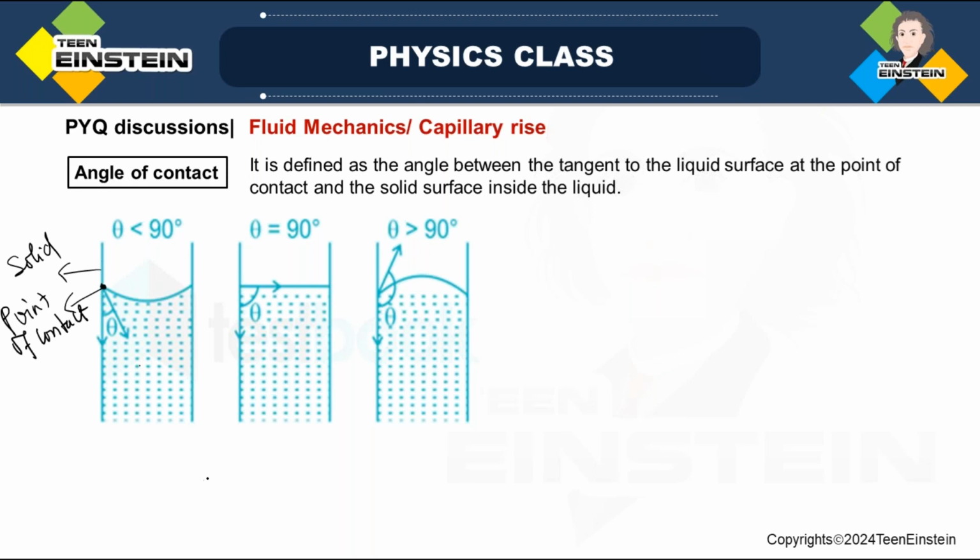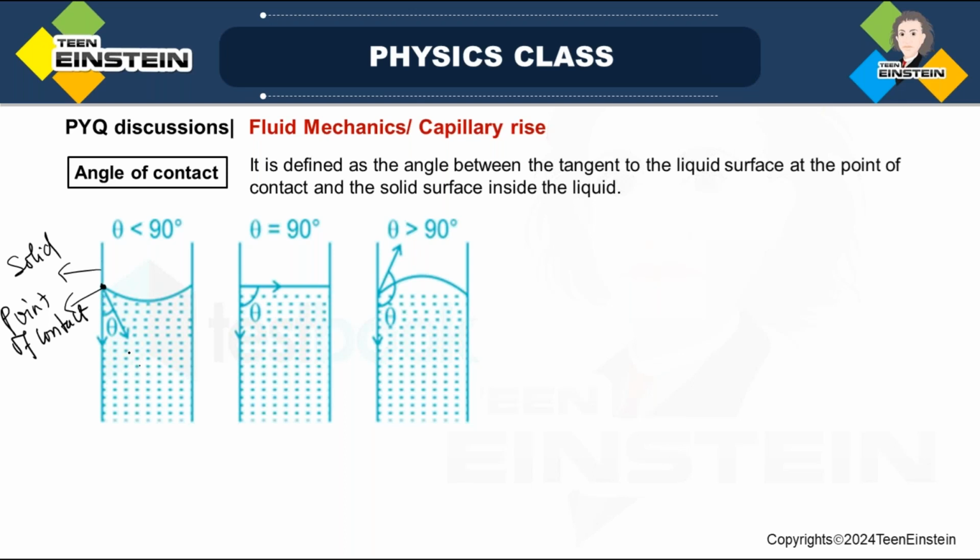At this point of contact there will be either rise or depression of the liquid surface, and depending on that the meniscus will be either concave, convex, or a plane surface. See, now what is the angle of contact? This is another parameter to determine whether the meniscus will be concave, convex, or a plane surface.